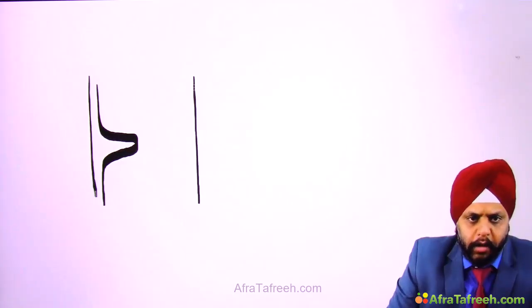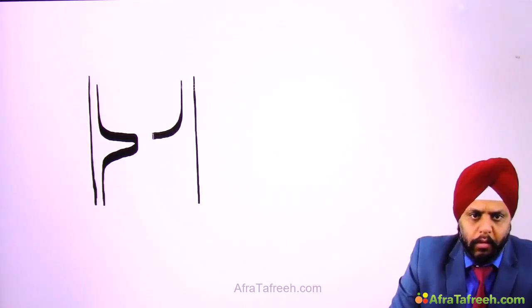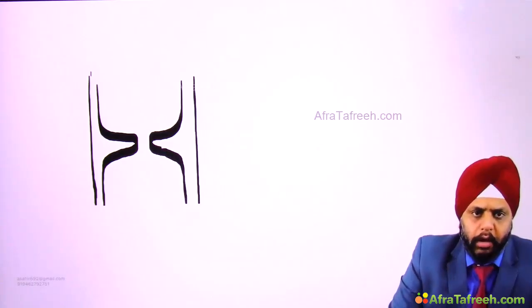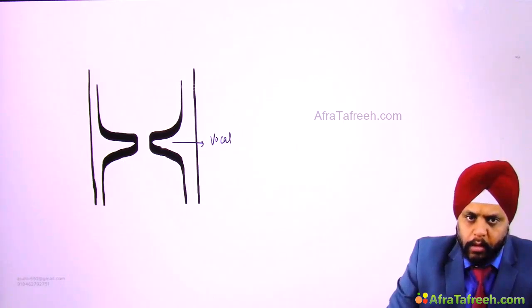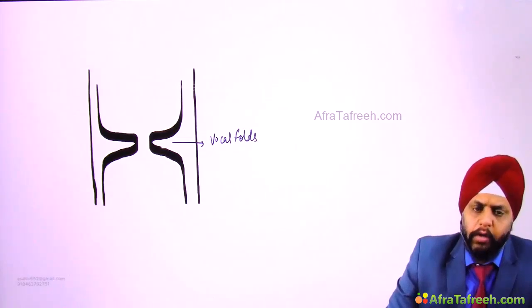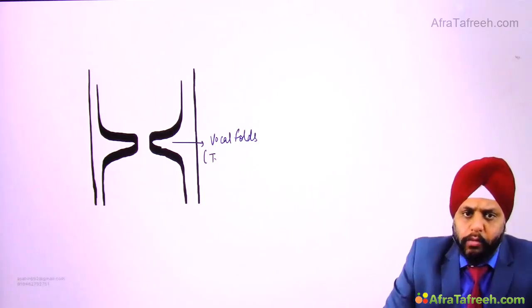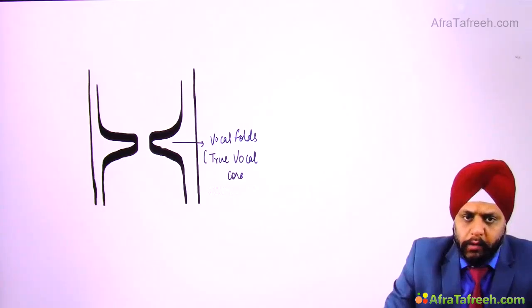The glottis is the part of the larynx that has the vocal folds. So I am first drawing the vocal folds. As you can see over here, I have drawn the vocal folds. In earlier days, we also used to call them true vocal cords.